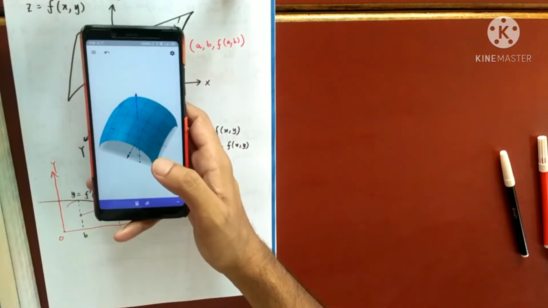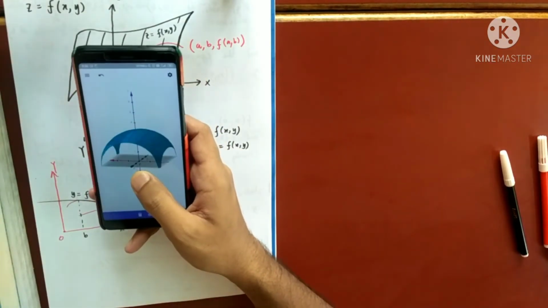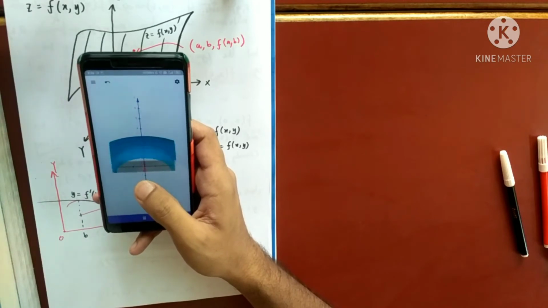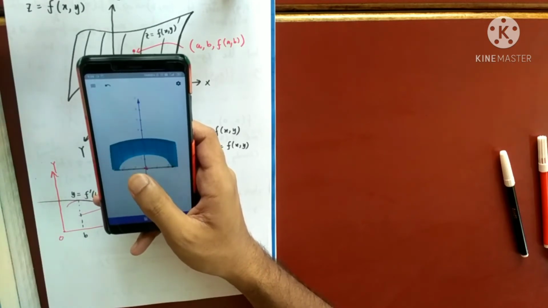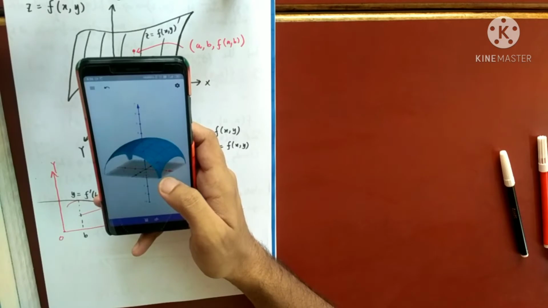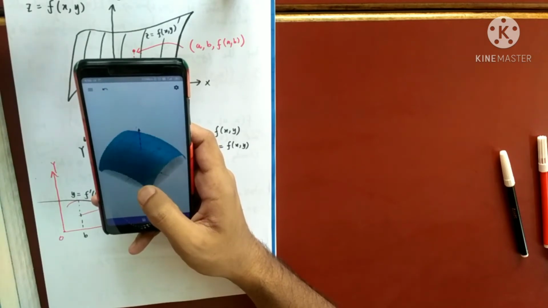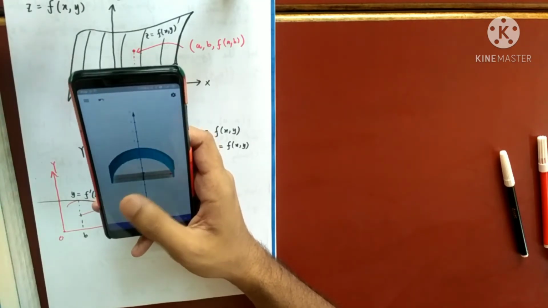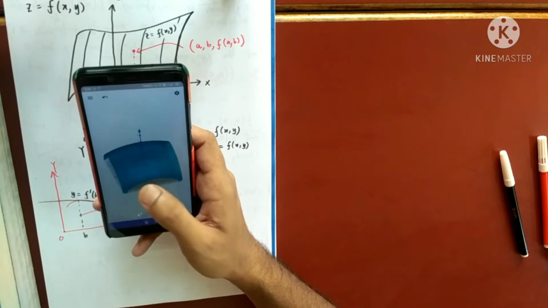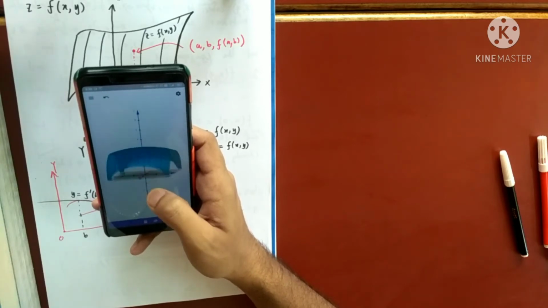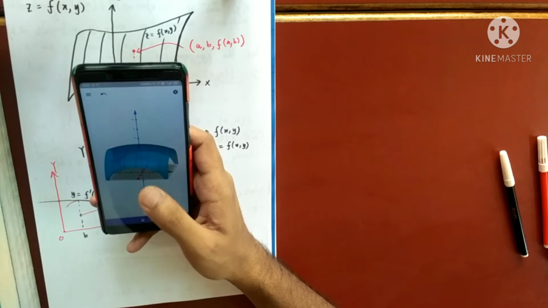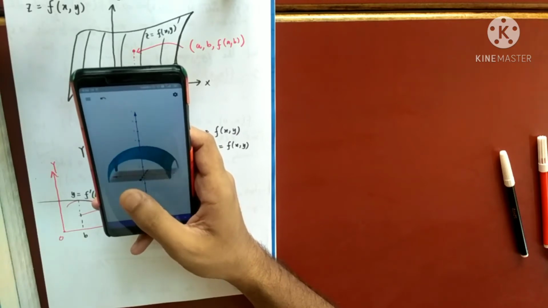Okay, so you take any point on that floor. As you can see, there is a floor. On that floor you take any point (x, y). And then the height of the blue carpet, that blue thing, gives you the value of z.